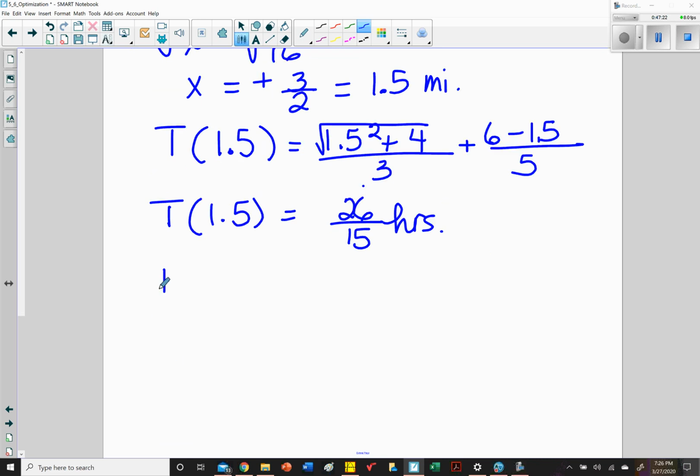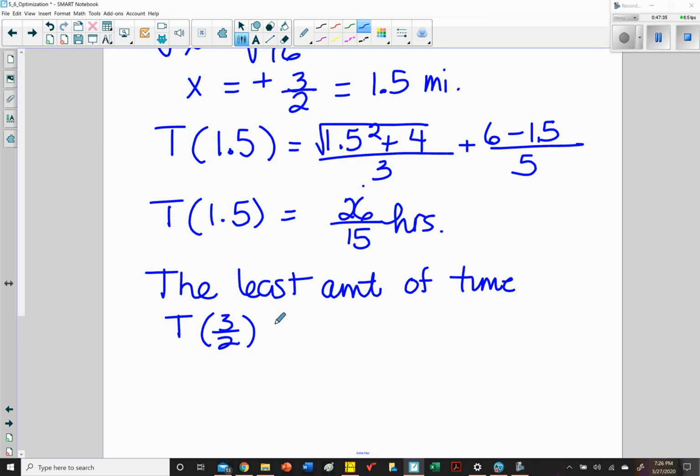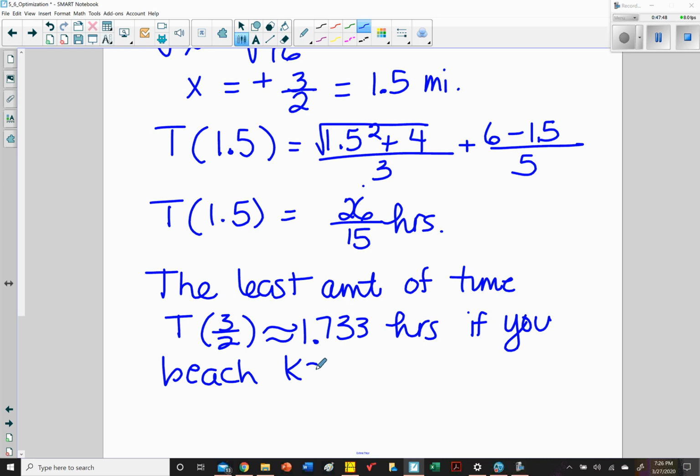So the least amount of time, t at 1.5, is about 1.73 repeating hours if you beach the kayak at a mile and a half.